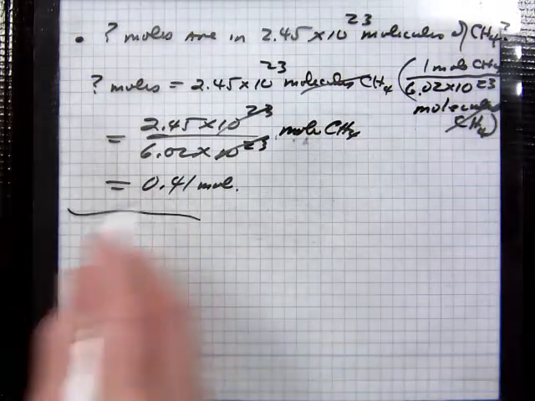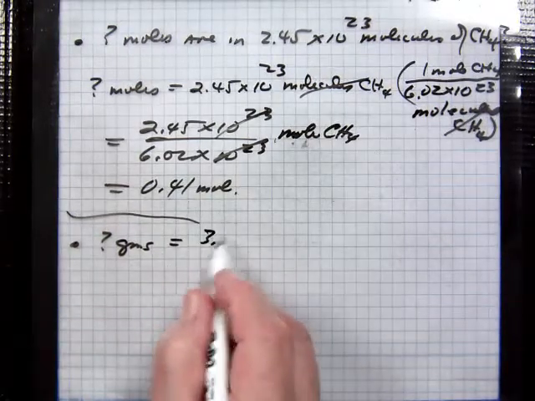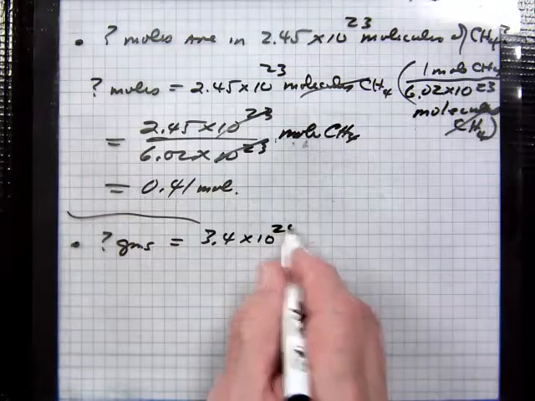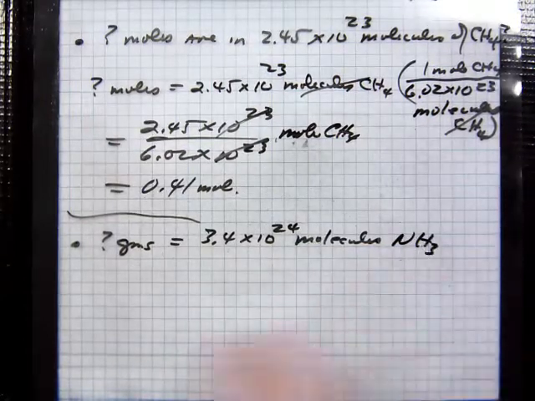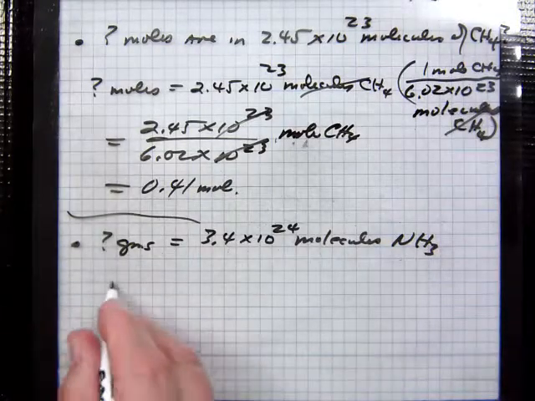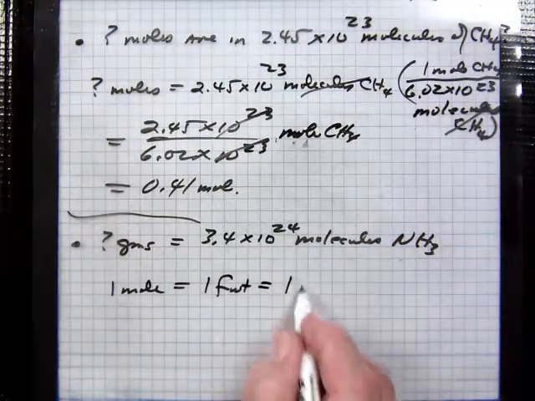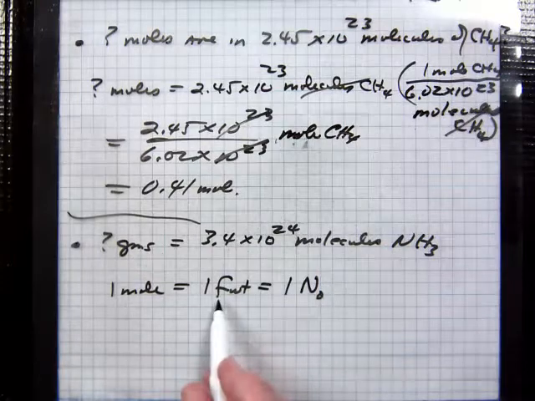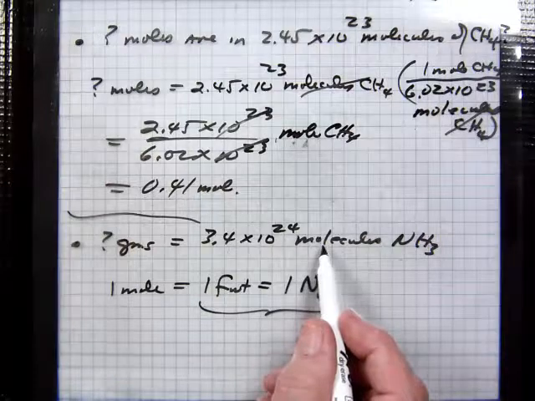All right, this next one is how many grams equal 3.4 times 10 to the 24th molecules of NH3. Well, what did I tell you earlier? What is the definition? 1 mole equals 1 formula weight, which is equal to 1 Avogadro's number, or N is 6.02. Well, we can use this as a conversion factor against the given.